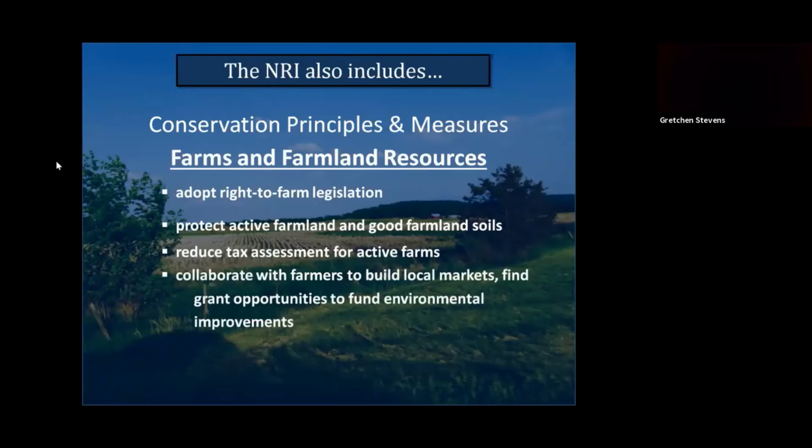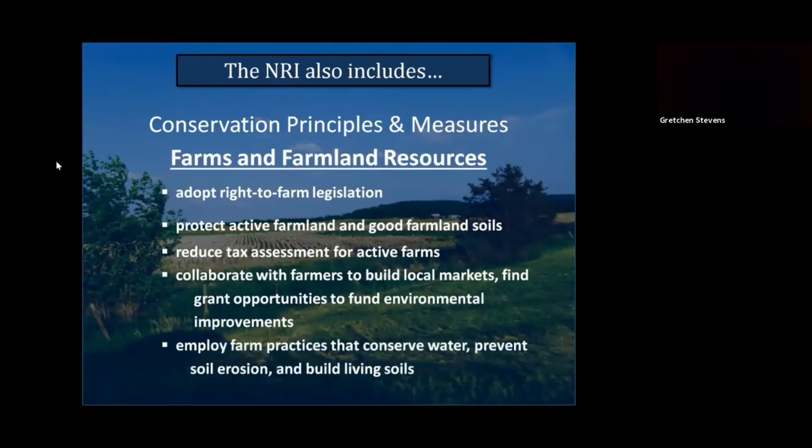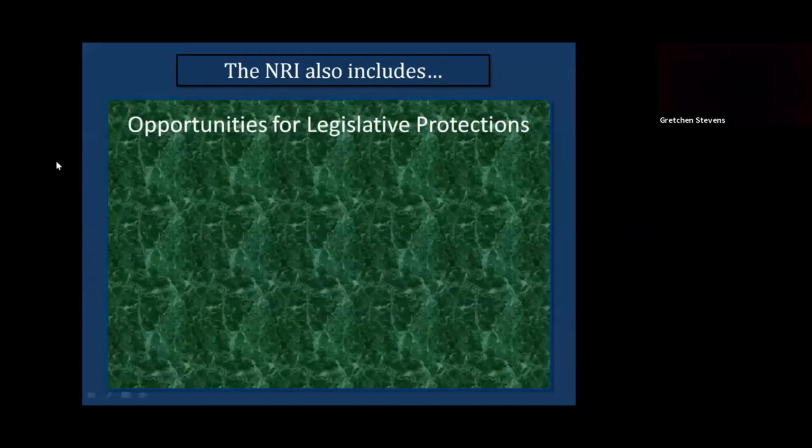Collaborating with farmers to build local markets, to find grant opportunities to fund environmental improvements, and for farmers themselves, employing practices that conserve water, prevent soil erosion, and build living soils. Those are just some examples of the kinds of measures that are listed in the NRI.